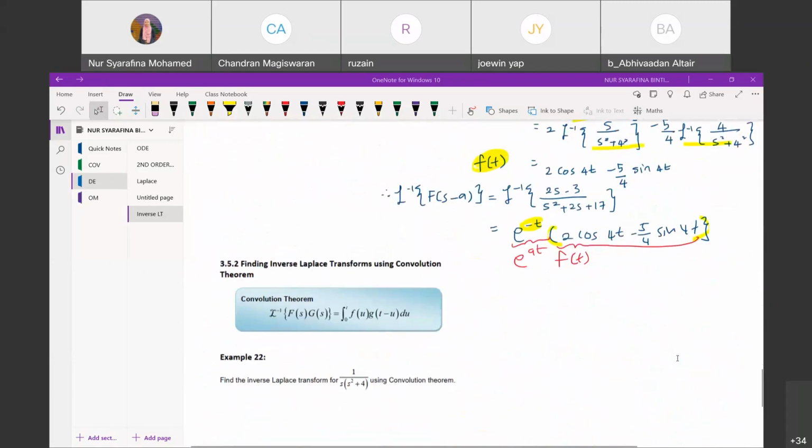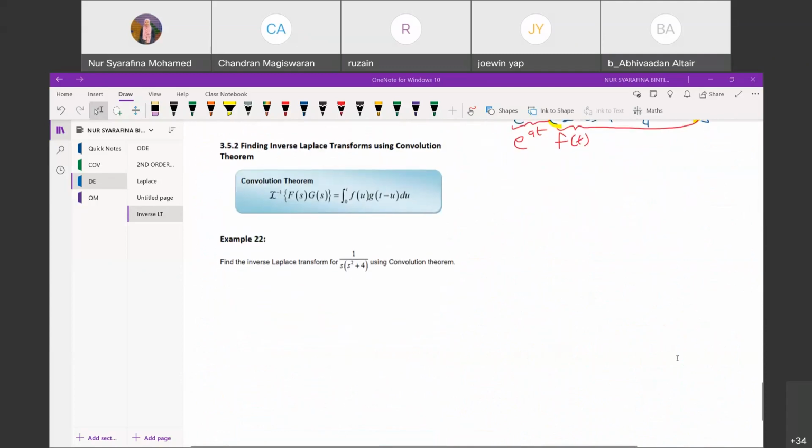Okay, now let's try the next one. The inverse Laplace transform here can also be evaluated by using the convolution theorem. So now are we ready to proceed? Another topic. How can we inverse transform by using this theorem?